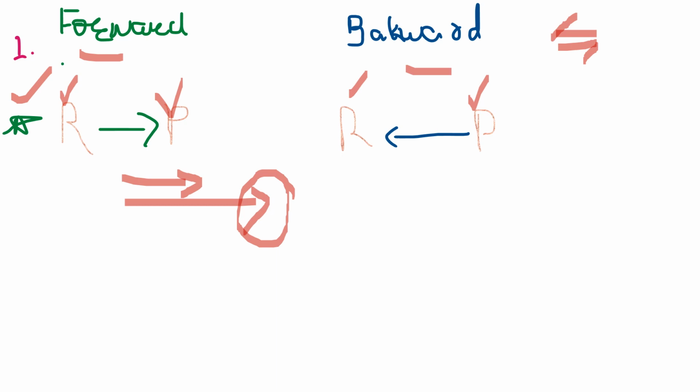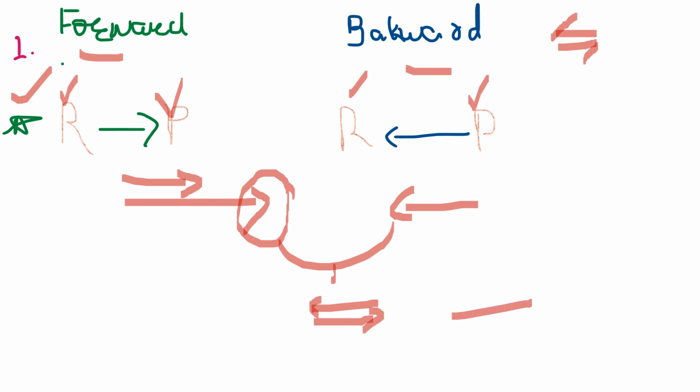Whenever there is a right to left arrow, just like this one, that means it is a backward reaction. And when both reactions in the reversible reaction combine, apart from denoting it with the full head, we denote it by the half head. Simple.